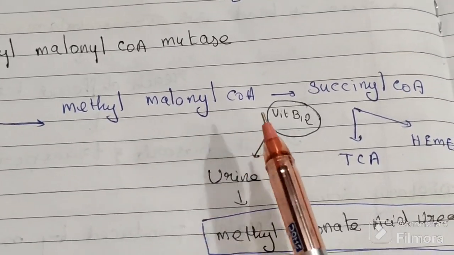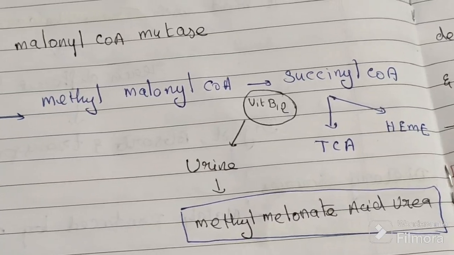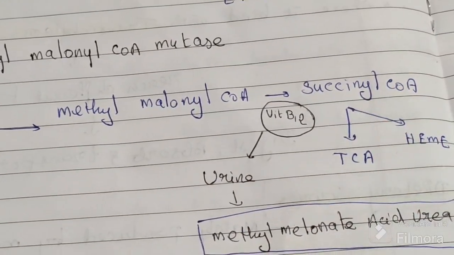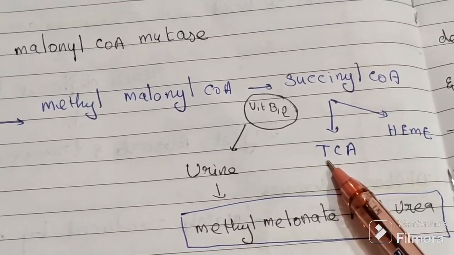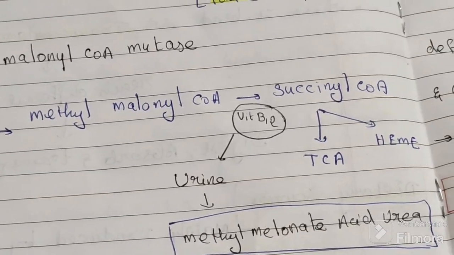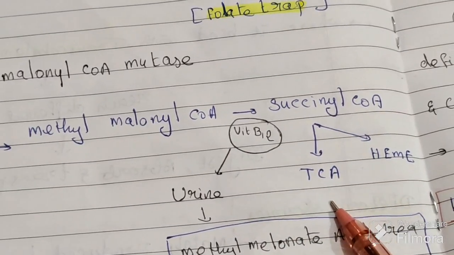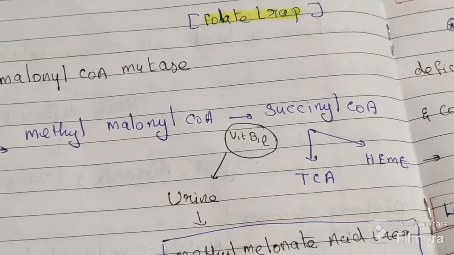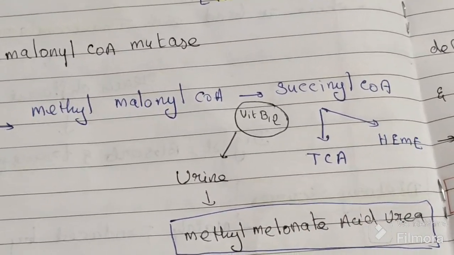This enzyme causes conversion of methylmalonyl coenzyme A to succinyl coenzyme A. This succinyl coenzyme A enters the TCA cycle for complete oxidation and energy production, and it can also enter heme synthesis.